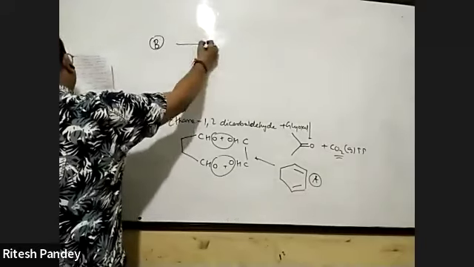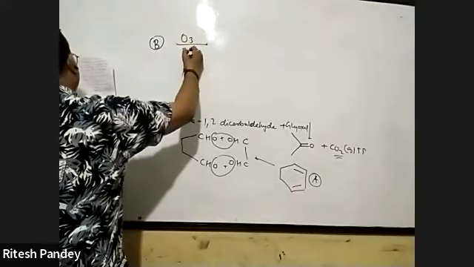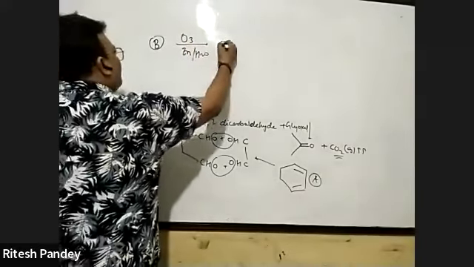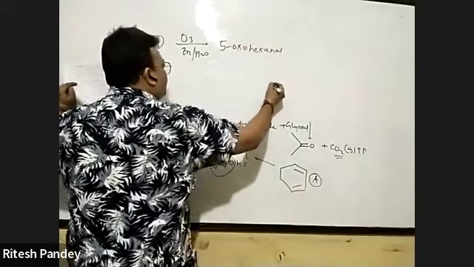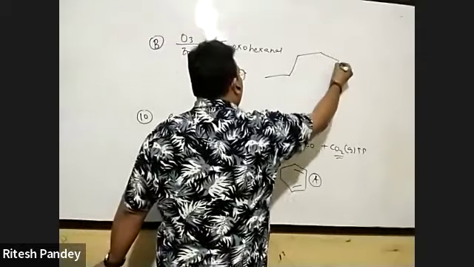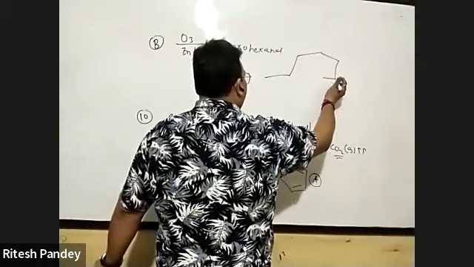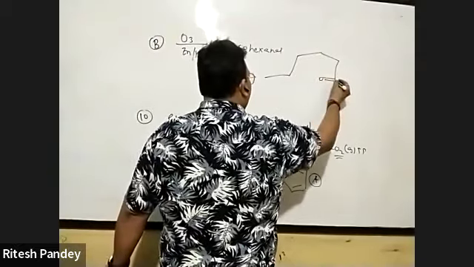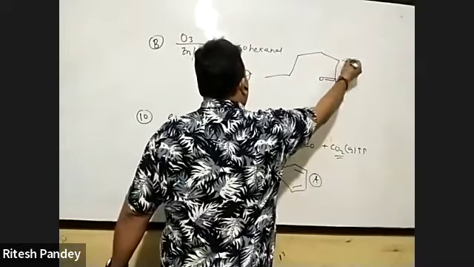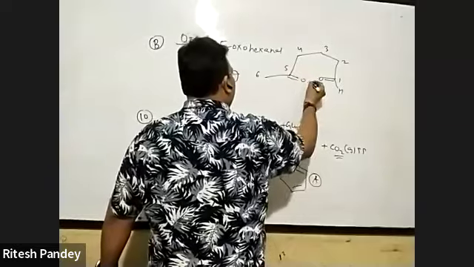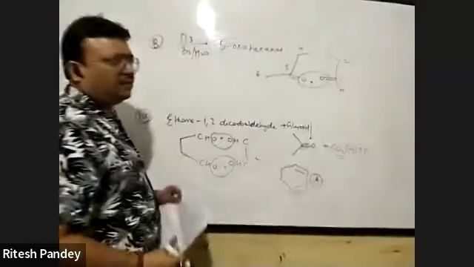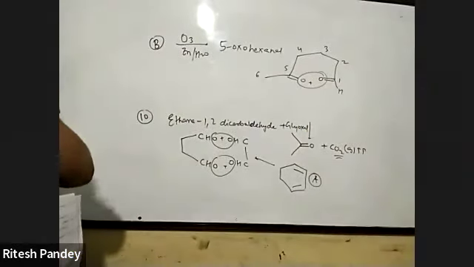And in the second one, if this is giving you 5-oxohexanol, this is deliberately the way I draw 5-oxohexanol because I want eventually a methyl pentane cyclic compound coming.